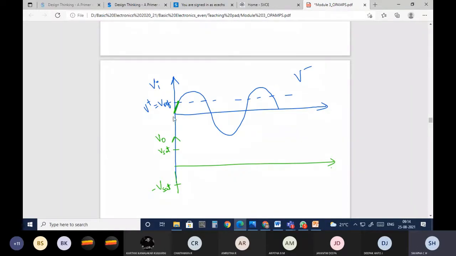So for all these values, can you tell me whether this input waveform is greater than the reference voltage or less than the reference voltage? From here to here, these values are greater than the reference voltage. For this portion, will the voltage be less than V plus or greater than V plus?